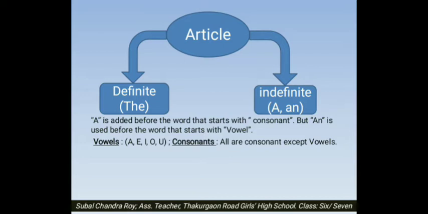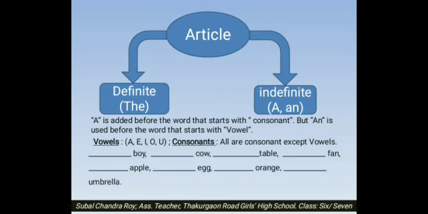Except these 5 letters, all are consonants. So, we know from this text what the vowel letters and consonant letters are. If we understand that, we can fill these gaps.